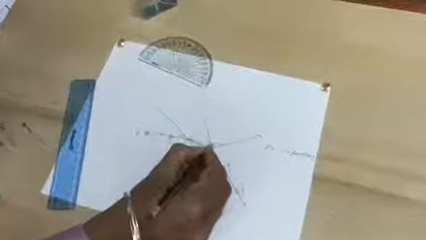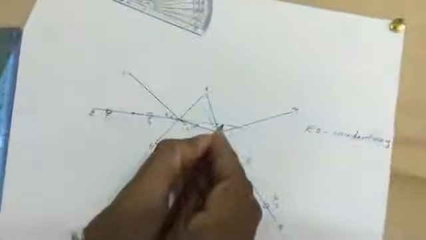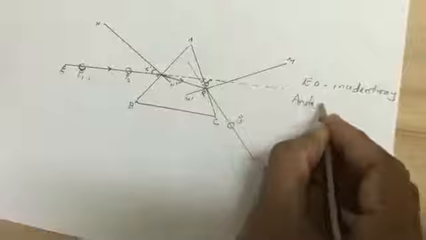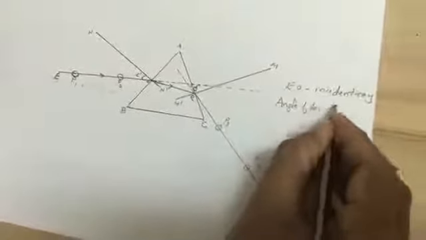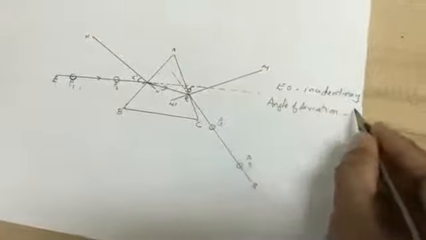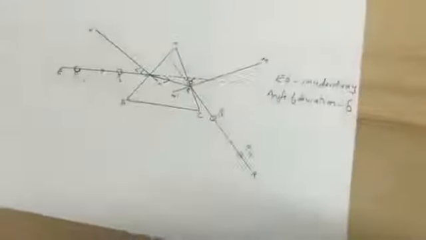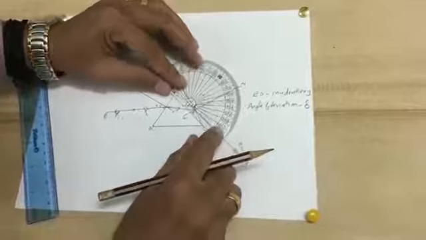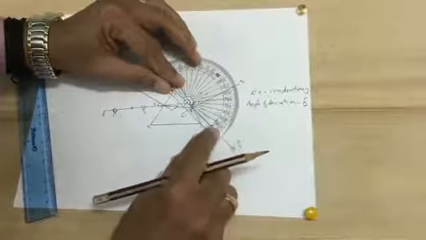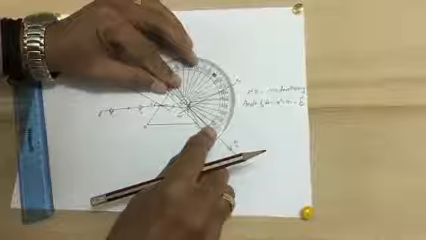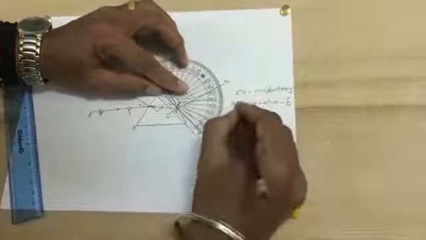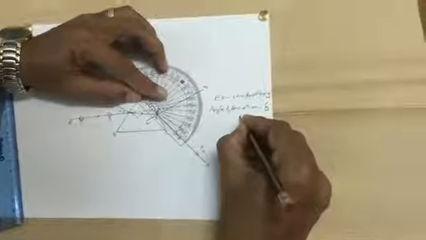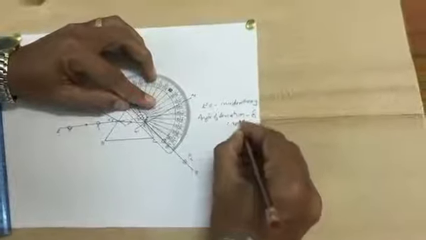The angle of deviation is given by the Greek letter delta. With the help of a protractor, you can measure the angle of deviation. In this case, the angle of deviation is equal to 48 degrees.